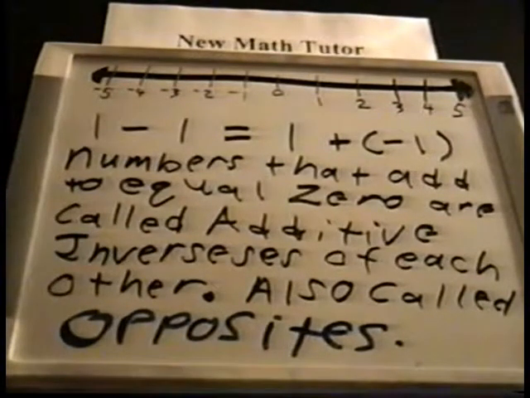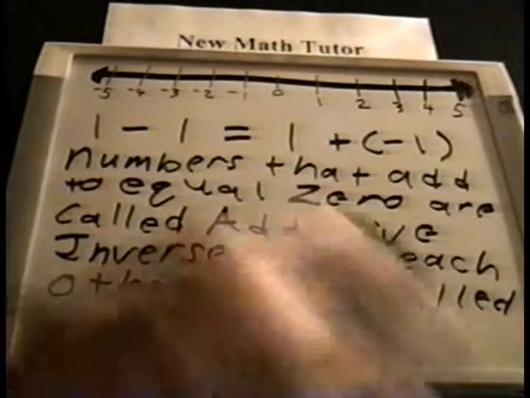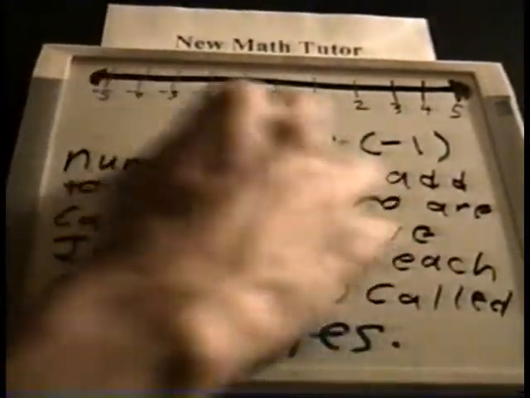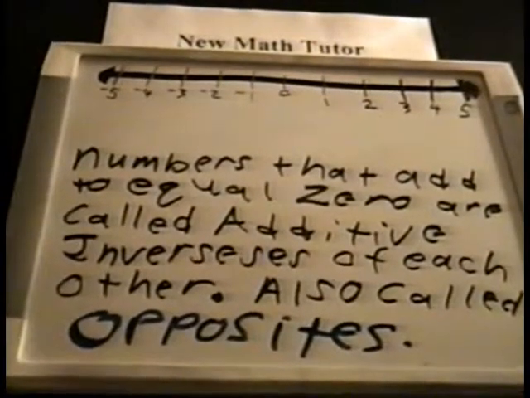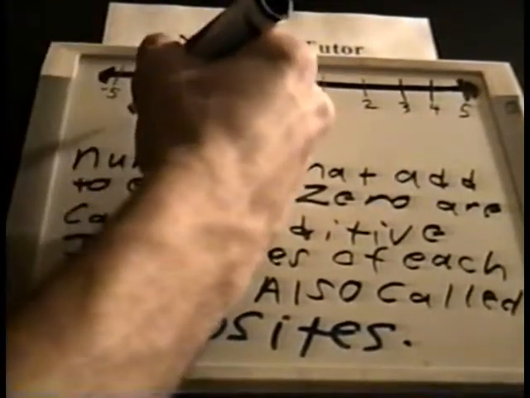So numbers are opposite if the addition of those numbers equals 0.